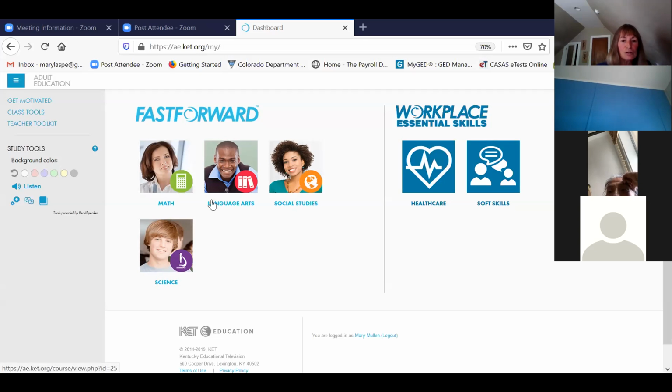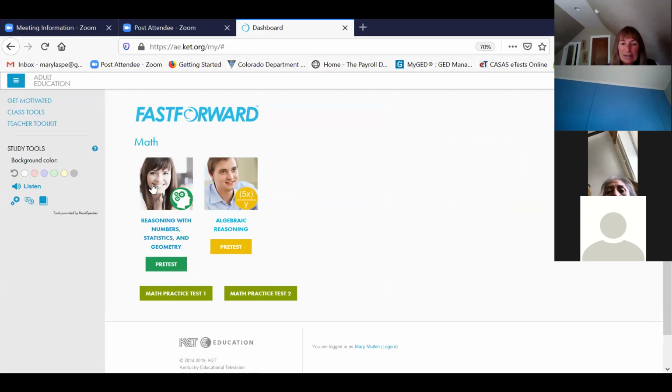You could pick any of these other subjects that you want also. I'm not recommending it, but if you have a whole lot of extra time, you could start studying one of the others. When you pick math, math is divided into 2 sections. We've been working in this section, reasoning with numbers, statistics, and geometry.